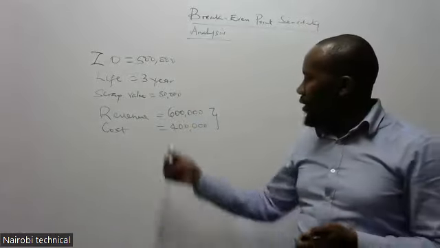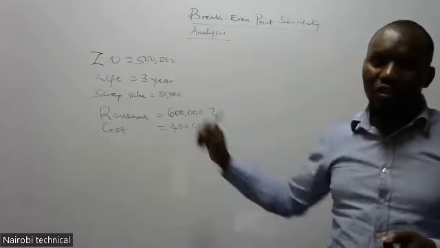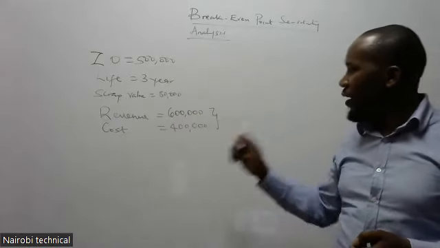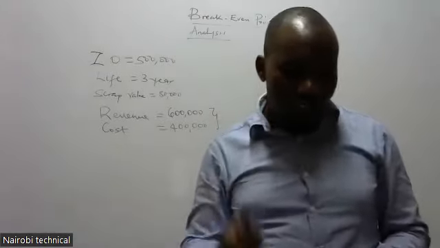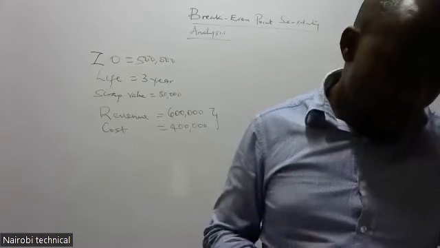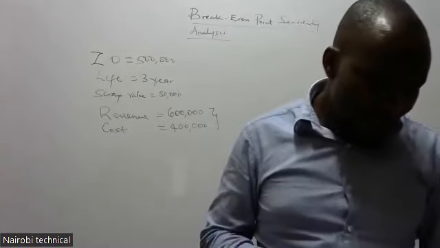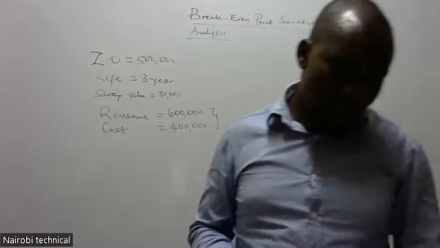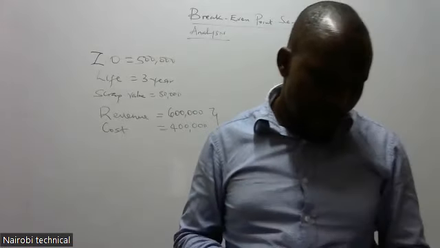So this one makes it an annuity. Each year there will be revenue of 600 and cost of 400. I'll repeat again that for each of the 3 years of usage, the equipment is expected to increase both sales revenue and operating cost by 600 and 400 respectively.